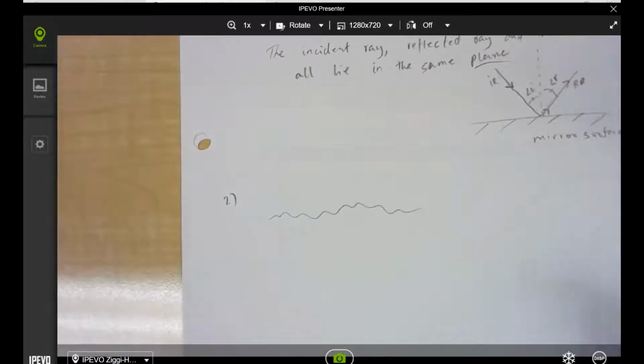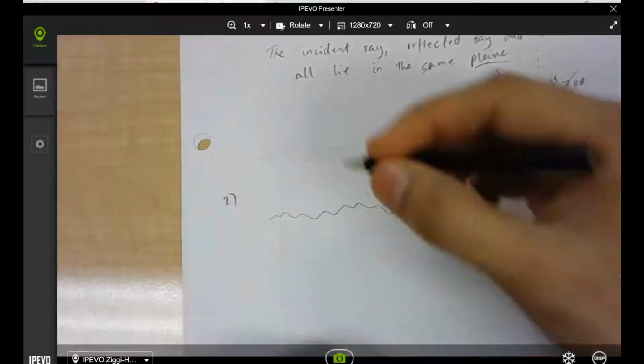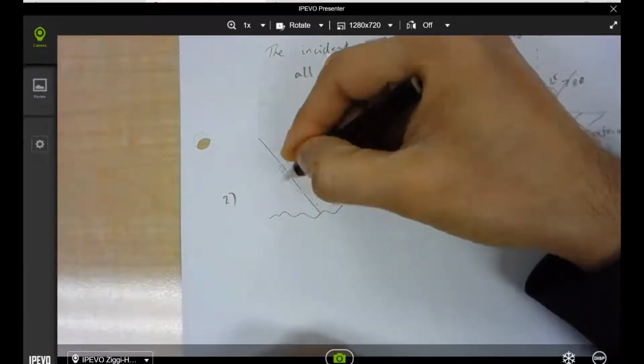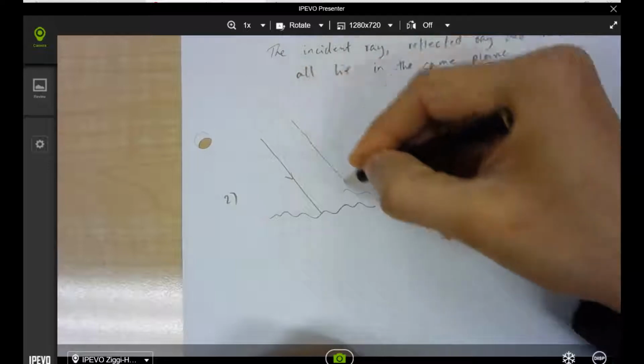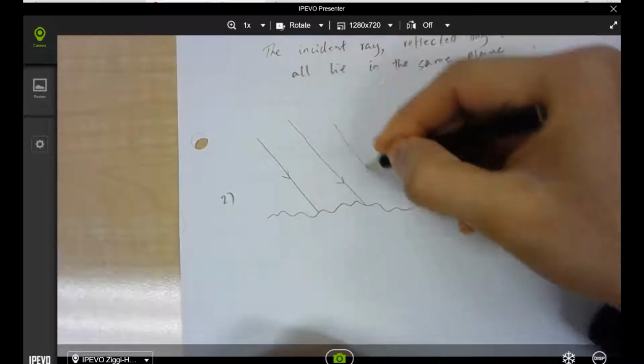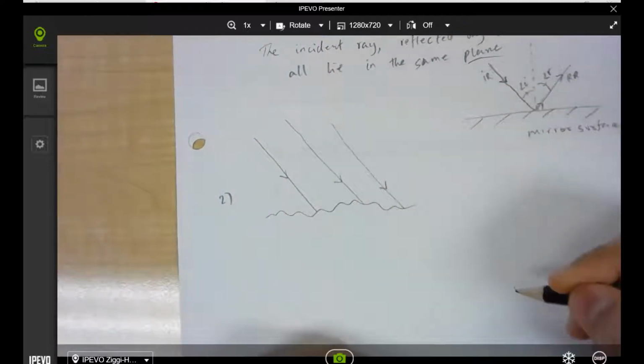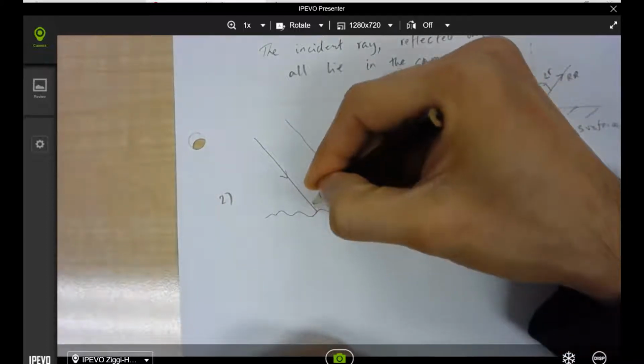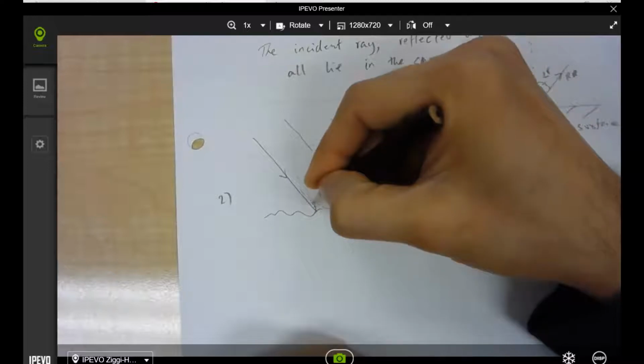And so looking at that, we can speculate that when rays of light fall on the surface of paper like so, say parallel rays of light, at each of these points there will be a different normal that you will be drawing.